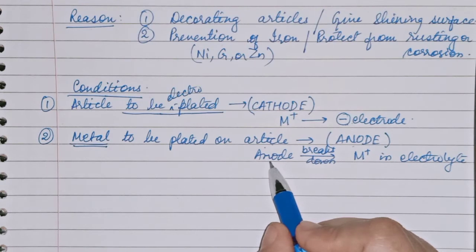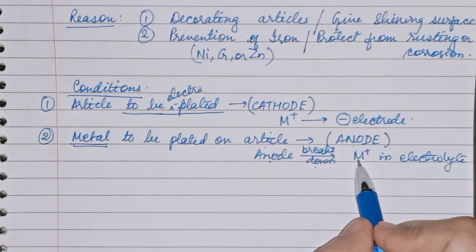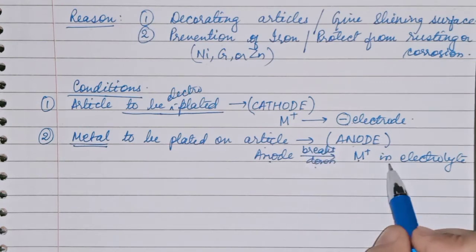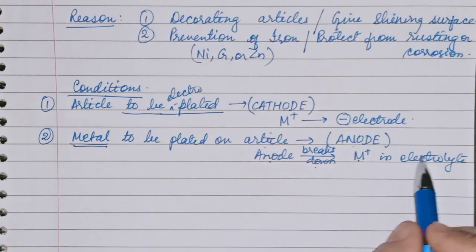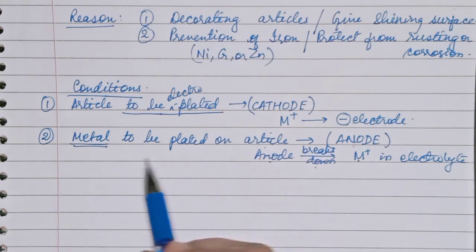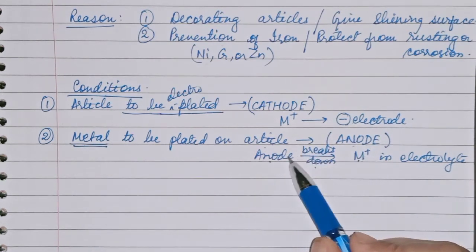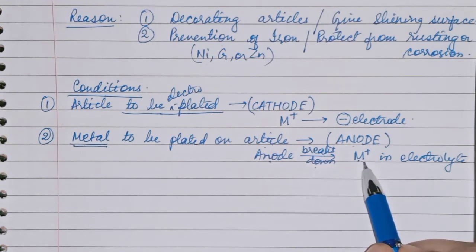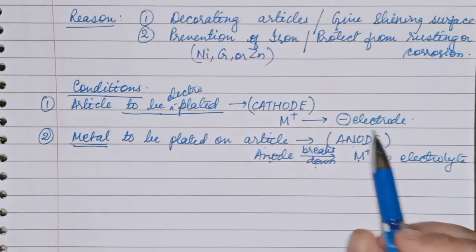Because the anode breaks down into the metal ion that is to be plated, and it maintains the concentration of metal ion in the electrolyte. This is called the nature of the electrode. The anode itself breaks down to form the metal ion, and that metal ion will get deposited at the cathode, on the article.